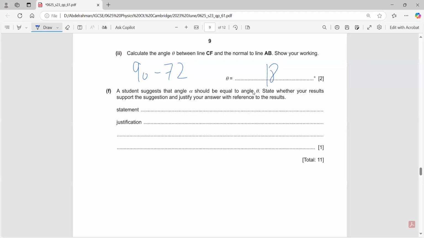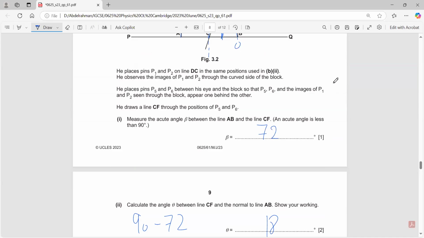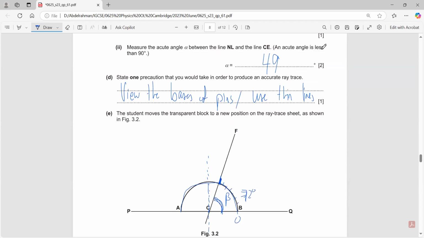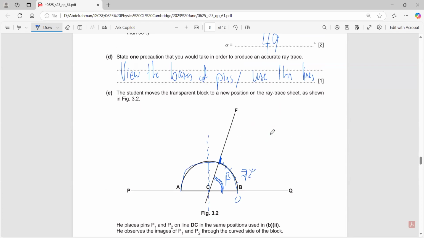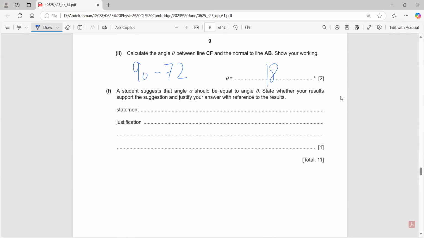Sun suggests that the angle alpha should be equal to theta. Theta is 18 degrees. Alpha was 49 degrees. State whether your results support the suggestion. Are they remotely equal?